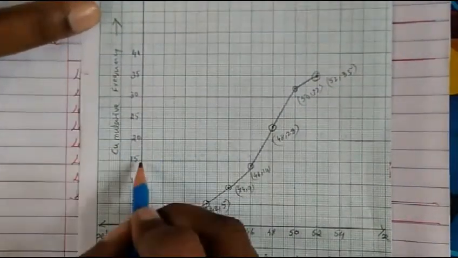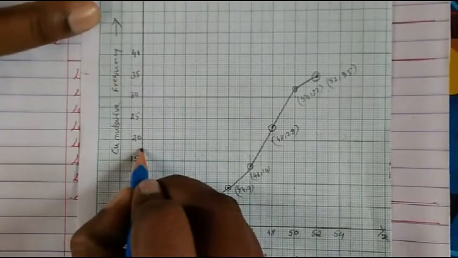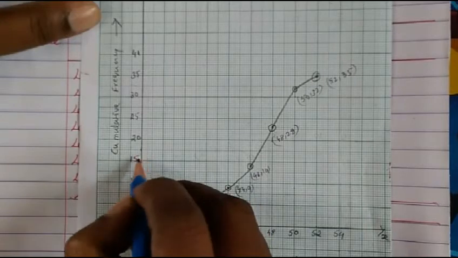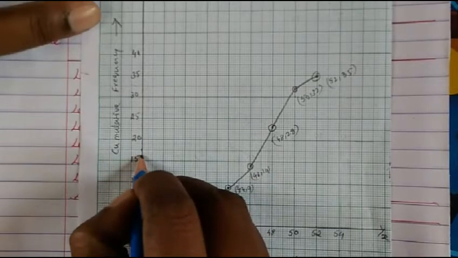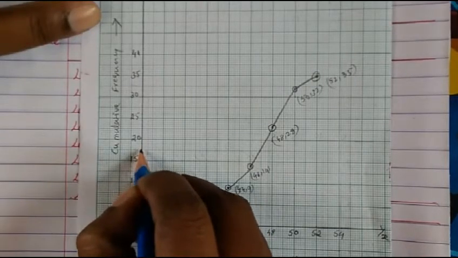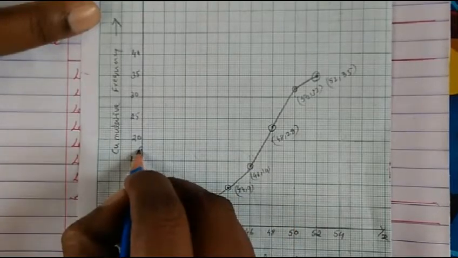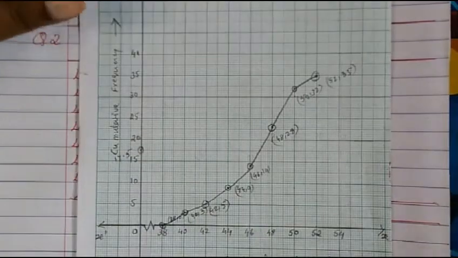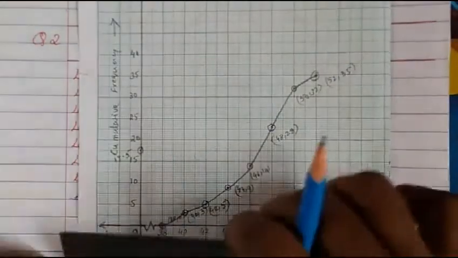On the y-axis here is 15. So 17.5 comes here. Each 2 lines will be 1. So 16, then 17, then 17.5. So now draw that line up to the curve.